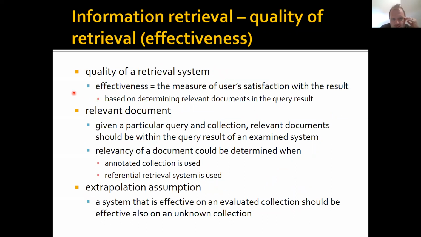When we discuss the quality, the effectiveness of the retrieval, we must ask the question of how to measure the user satisfaction with the result. This is the problem of effectiveness. This is not a problem, as I said, for example, in relational databases, because the user has full control of the retrieval process. The user has the SQL select query and the exact formulation of the query. So what the user specifies, he gets, and it's a true-false problem.